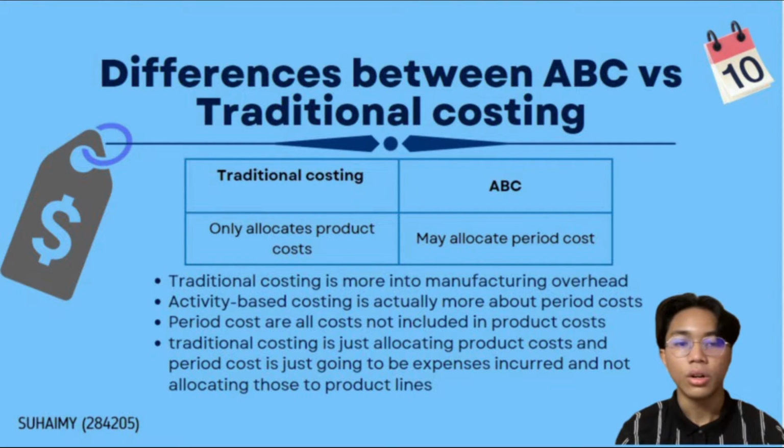Overhead or sales, general and administrative (SG&A) costs, selling expenses, advertising expenses, travel and entertainment expenses, commissions and depreciation expenses are considered period costs. So basically, traditional costing is just allocating product costs, and period costs are just expenses incurred and not really allocated to product lines.